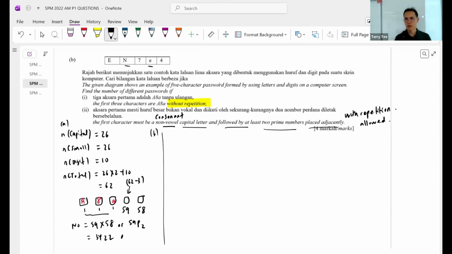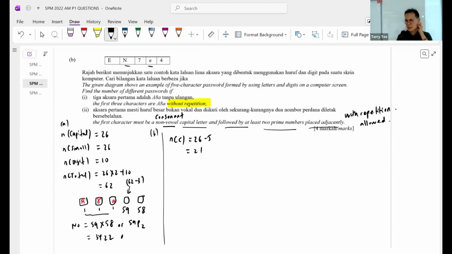In our alphabet system, 26 letters, how many vowels? 5: A, E, I, O, U. Some people say sometimes Y, but we just use A, E, I, O, U. So your number of non-vowel, which is consonant, and is capital, is 26 minus 5, which is 21.